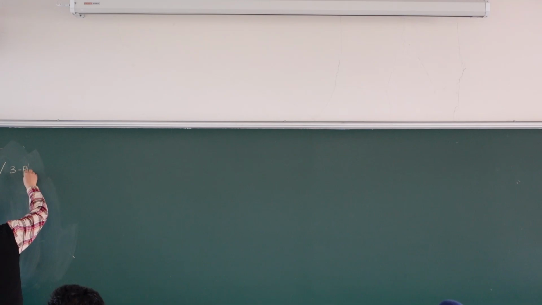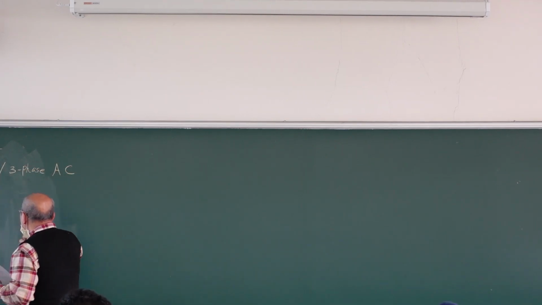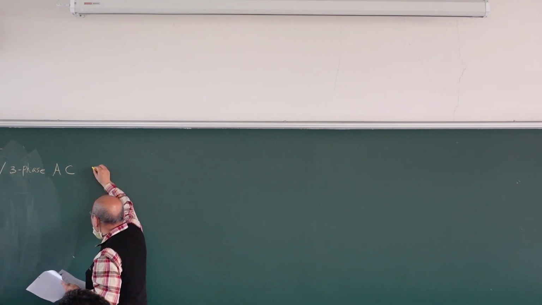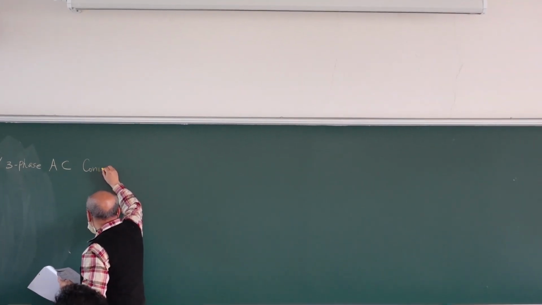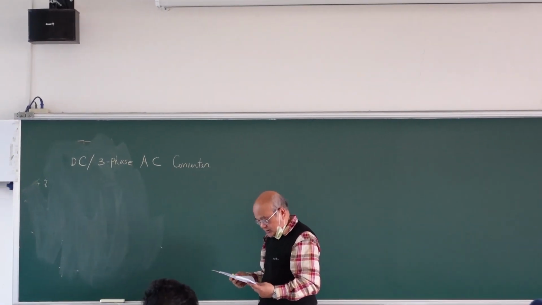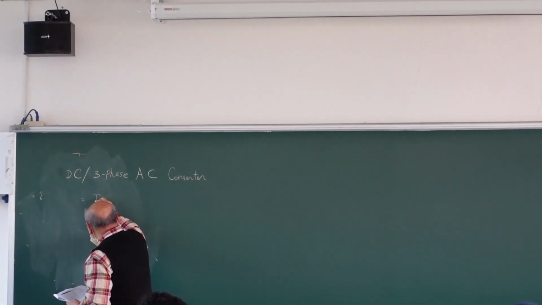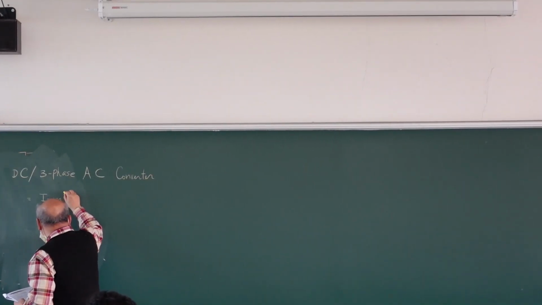Okay, now I will explain what is a DC to 3-phase AC inverter. We call it a DC to 3-phase AC converter. So you change from DC to 3-phase AC. And we have another name, we just call it an inverter.